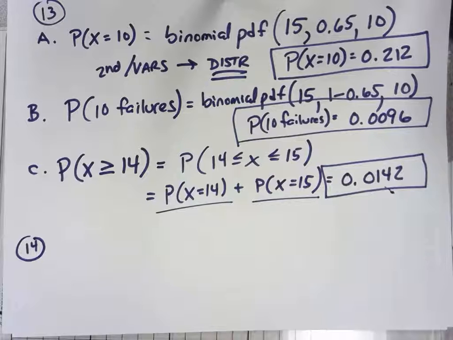Okay, number 14 says the probability of event E equals 1/5. What is the probability of the complement of the event, the probability of not E? Again, how is the complement defined?